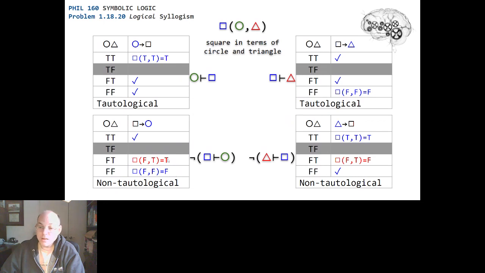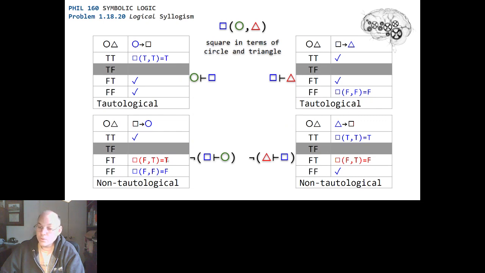So our only chance now is for the FT case to be false. And in order for the FT case to be false, we've got circle is false. So we have to have the antecedent, we have to have the square be true. So we get a true false argument with our conditional, so we can make that row false.